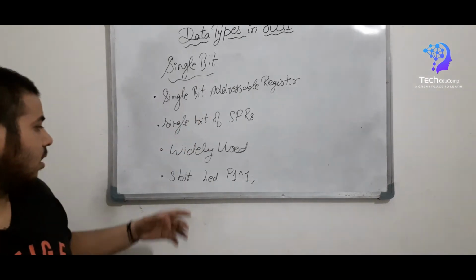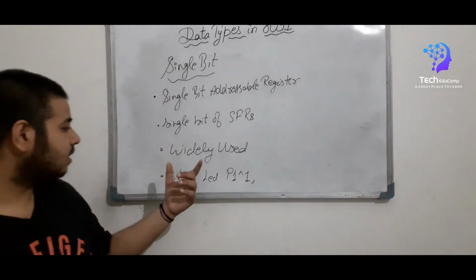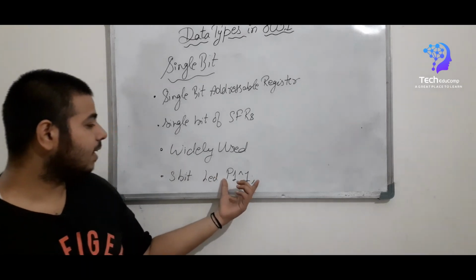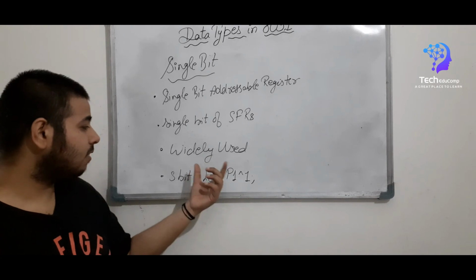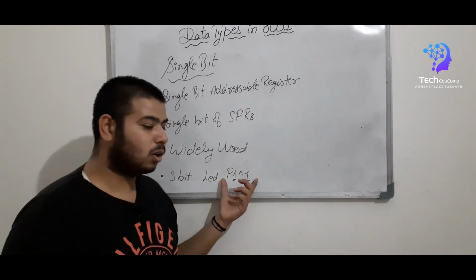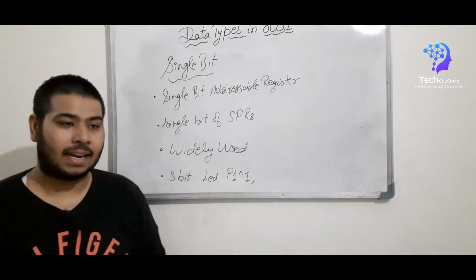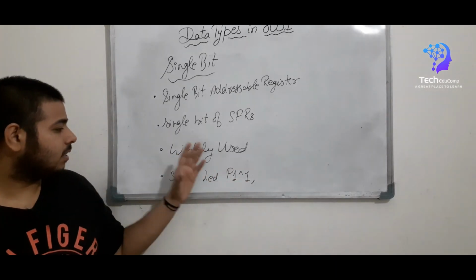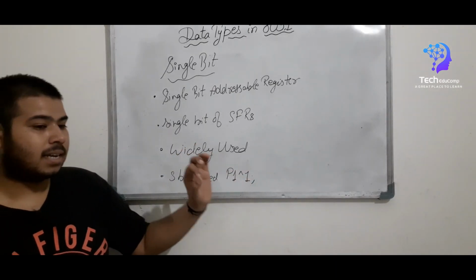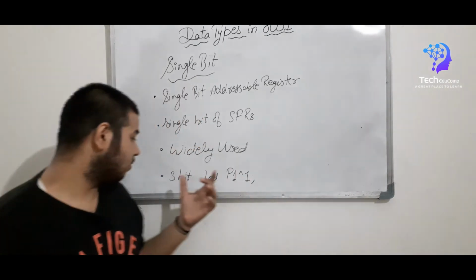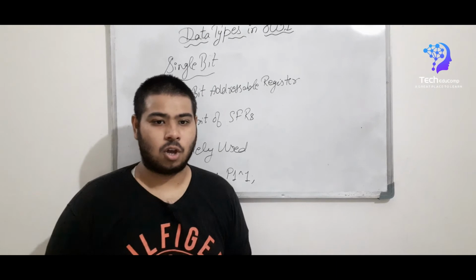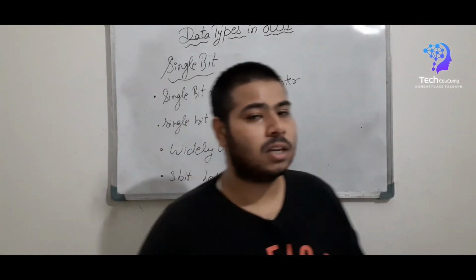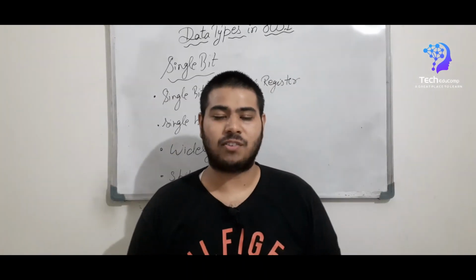What sbit does is assign a single bit of port 1 to LED, meaning I have used the first pin of port 1 as an LED. I have indicated that this pin is for the LED, and I have used sbit to specify this. So this is the most widely used data type in an 8051 program.